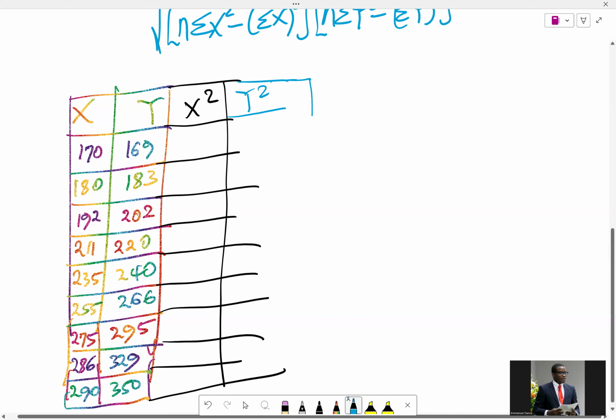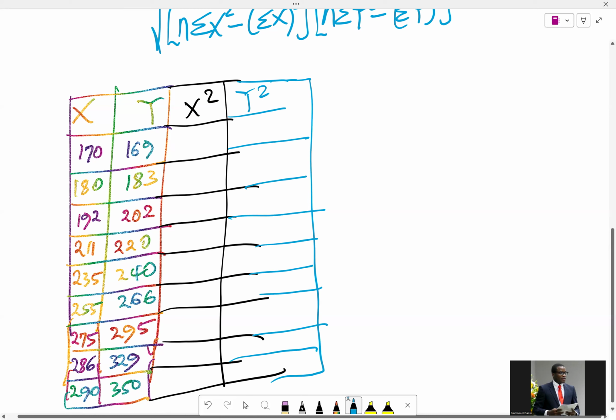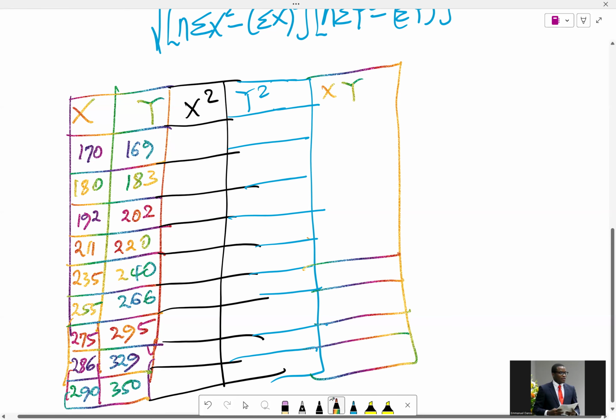Then lastly, we need XY, X multiplied by Y. So once we can get all this together, we are good to go.